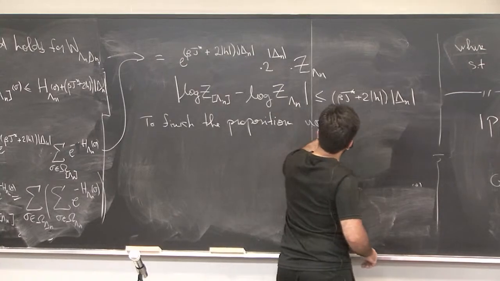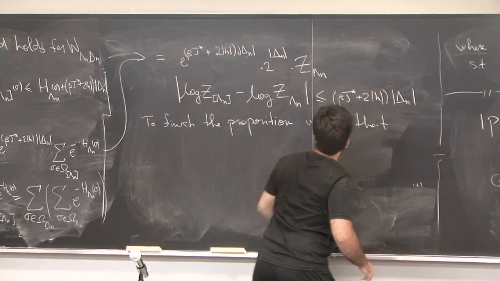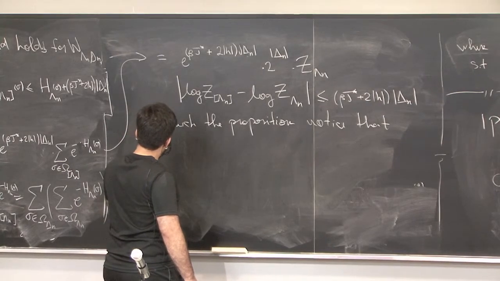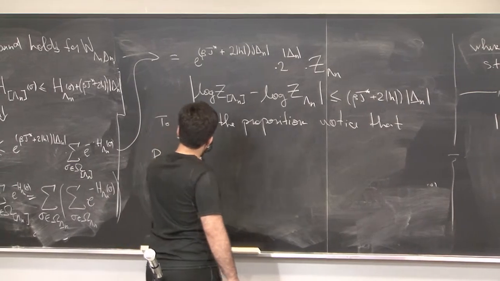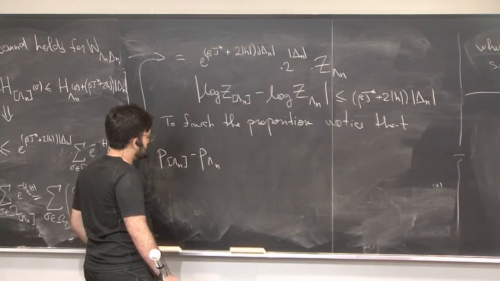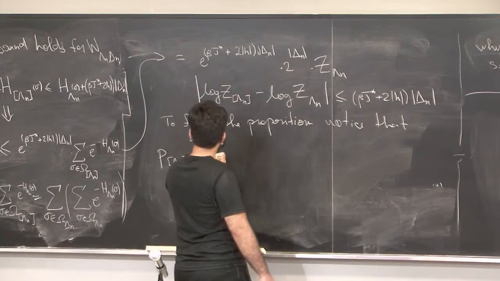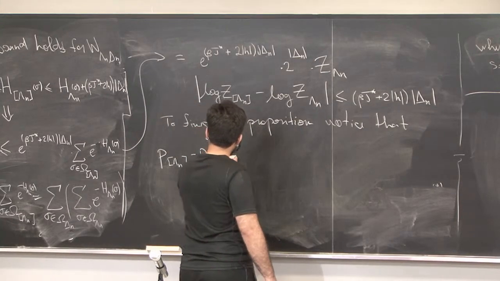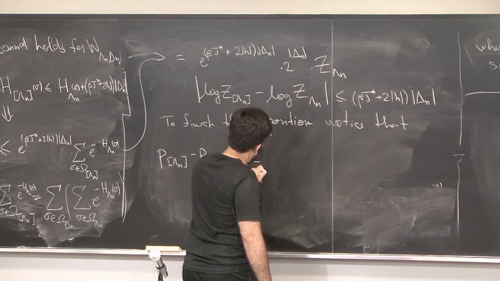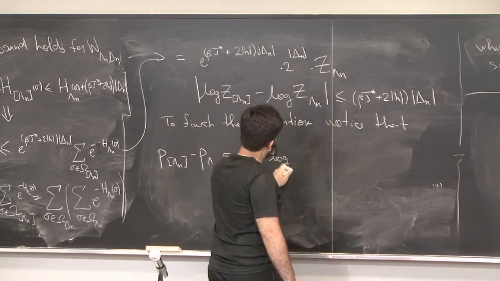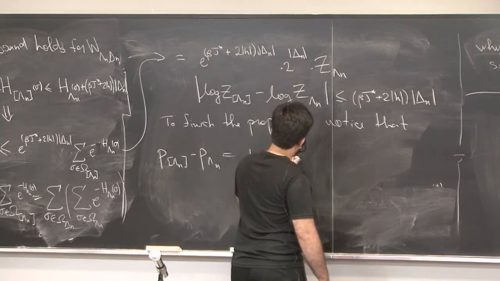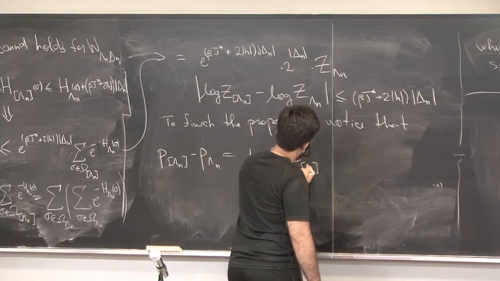so notice that p lambda n minus p of the cover, this is over this set, 1 over the size of the cover, logarithm of the partition function.